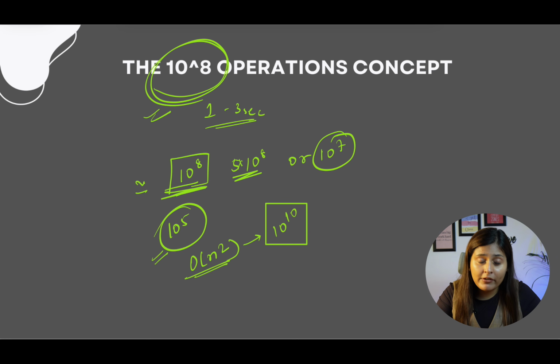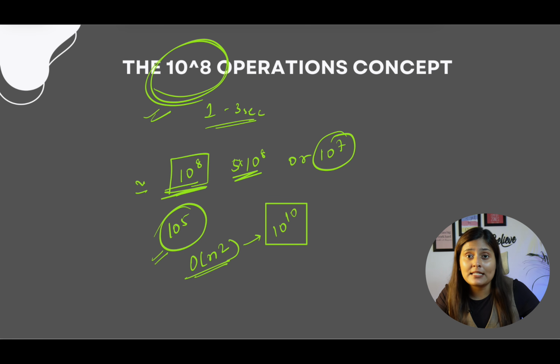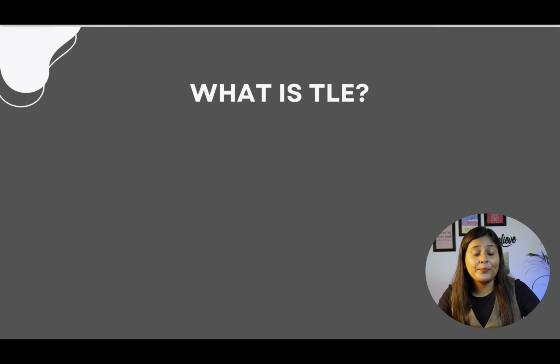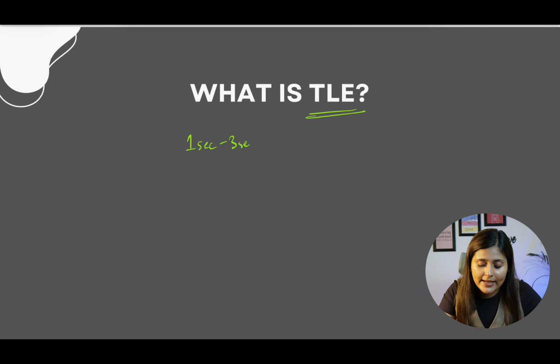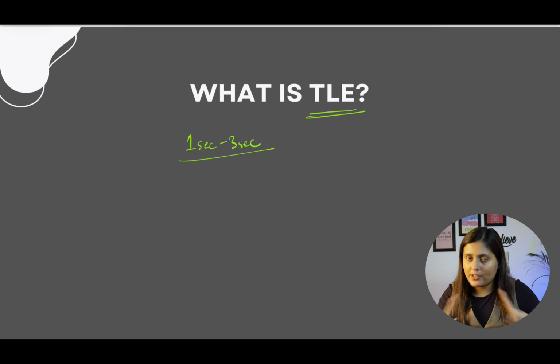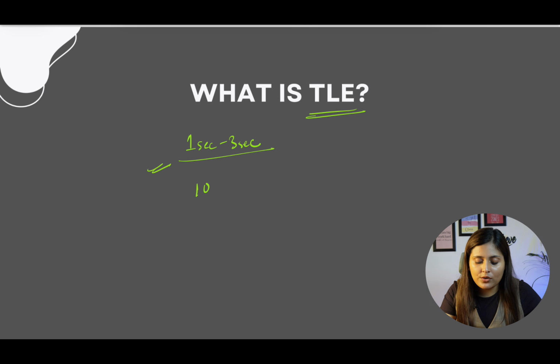Sometimes beyond 10^8 it can also be safe, and sometimes even at 10^7 it can give us TLE. Now what is TLE? TLE is Time Limit Error. As said, from 1 second to 3 seconds, it's not fixed, but let's say we can do 10^8 operations. And as said, if our constraint is 10^5, an n square or brute force code can take 10^10.